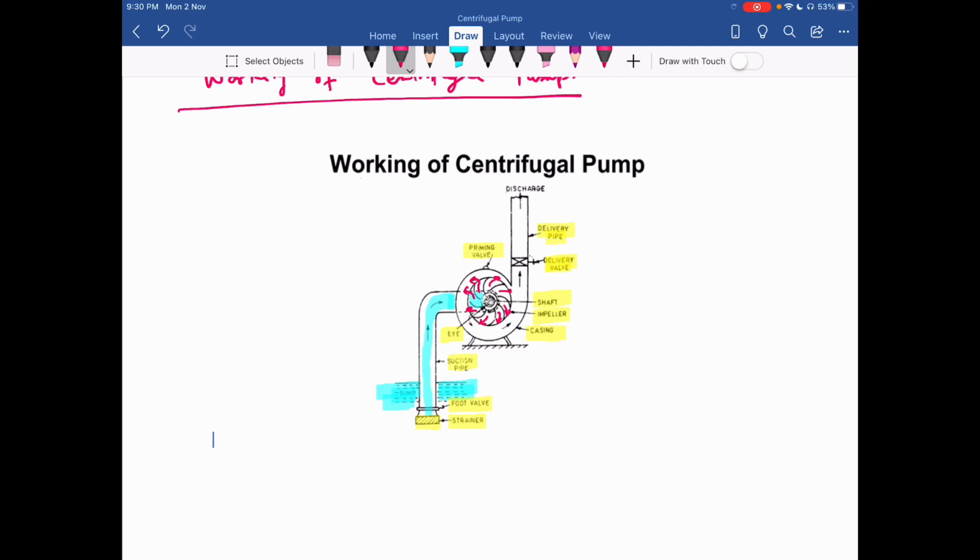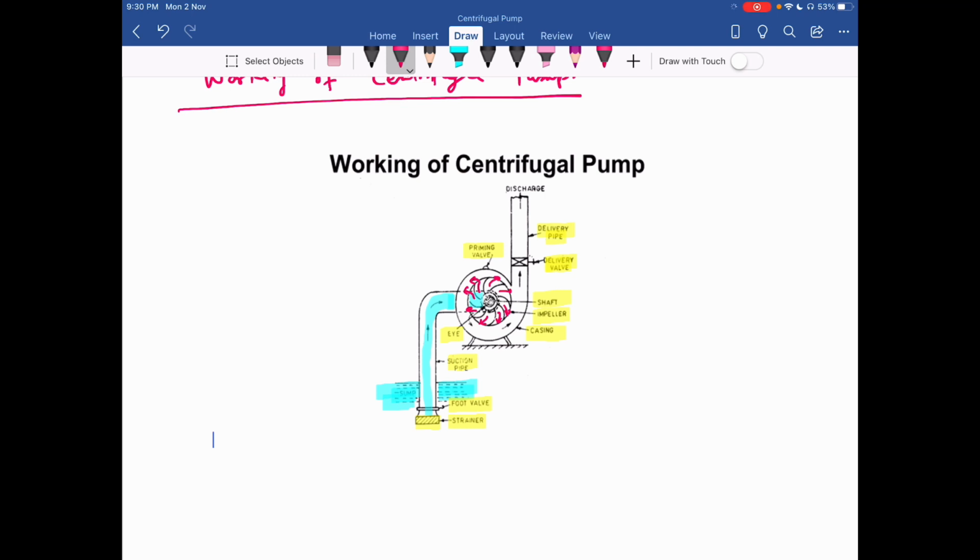So due to that centrifugal force, the pressure energy as well as the kinetic energy of the liquid or the water increases. So the transfer of energy from the impeller to the fluid takes place within the impeller by the centrifugal effect, which gains in kinetic energy as well as the pressure energy.